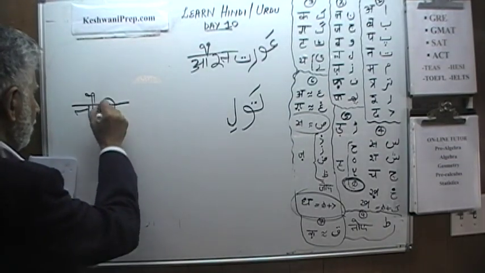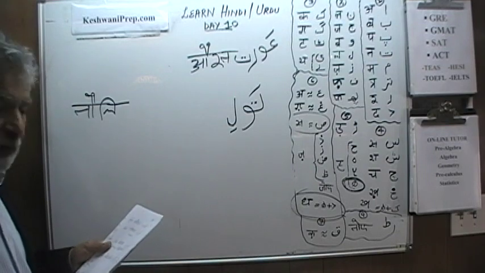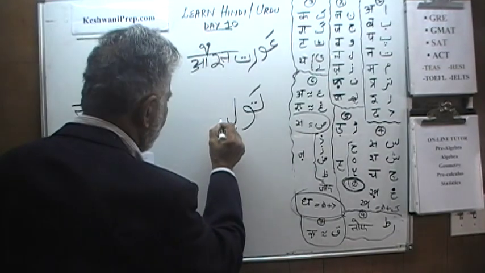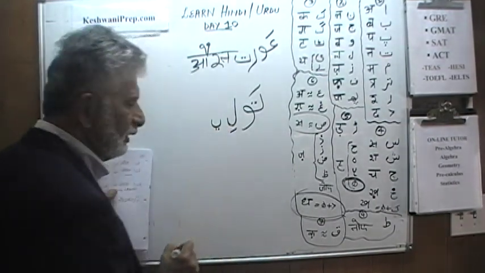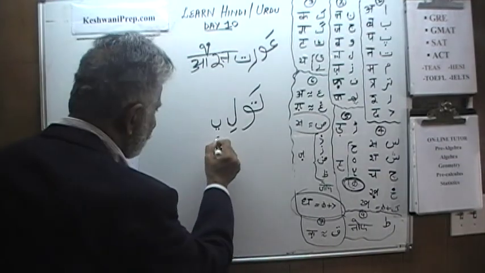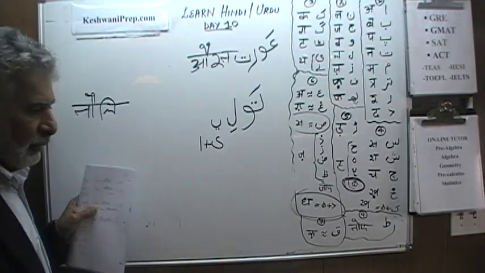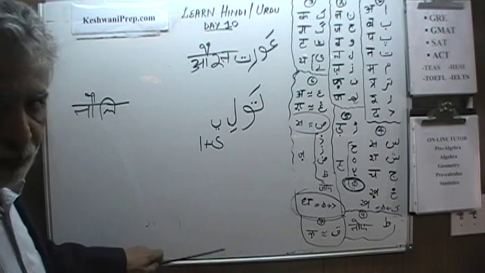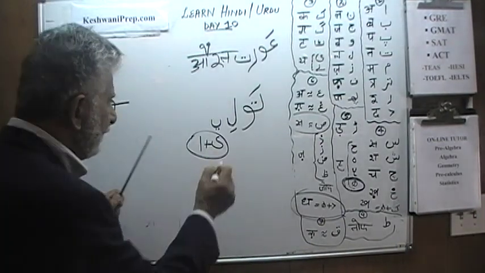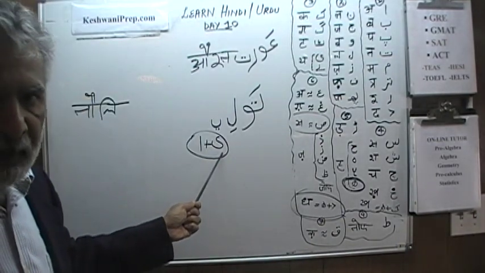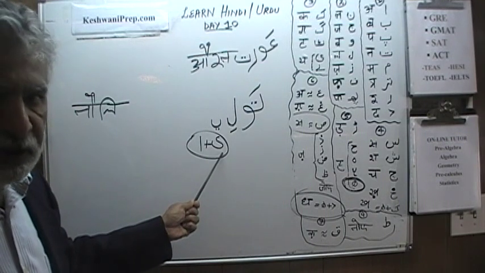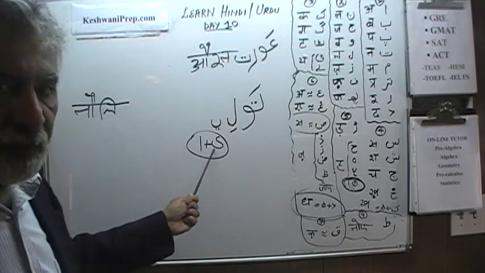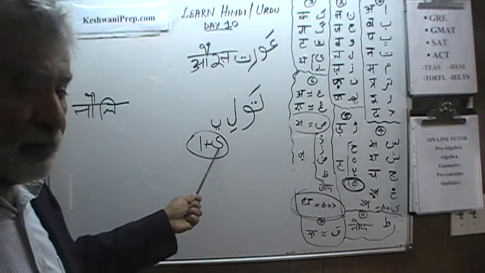To, li, and then we have a ki matra. So here's our choti. Choti is going to join the alif. But here, in this word, the choti is not appearing as a matra. It's appearing as a year. How do we know that it's not appearing as a matra? Obviously, it's clearly not appearing as a matra.